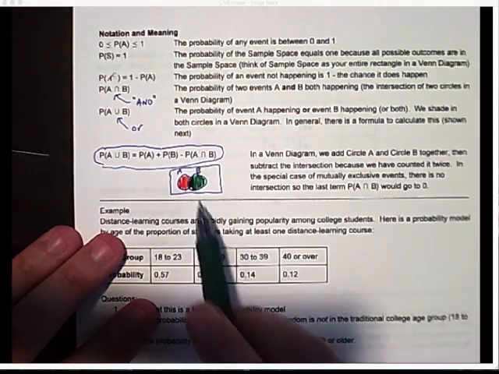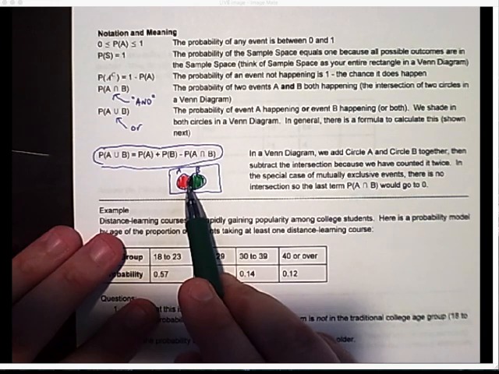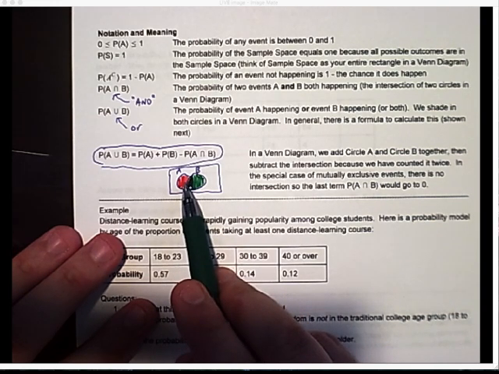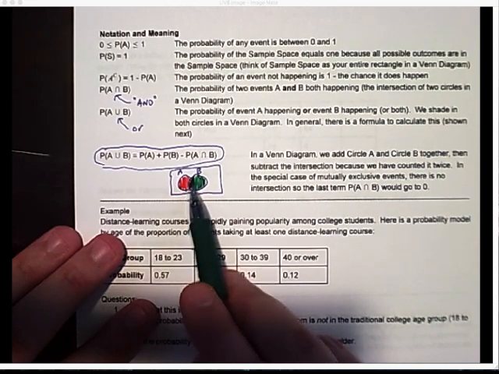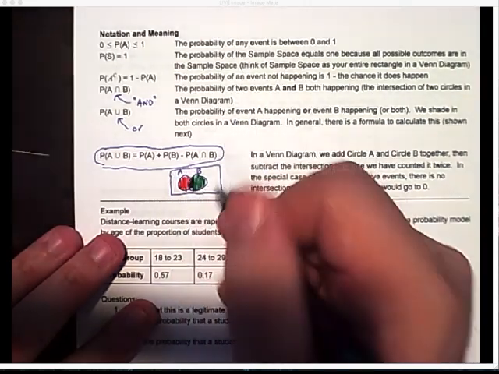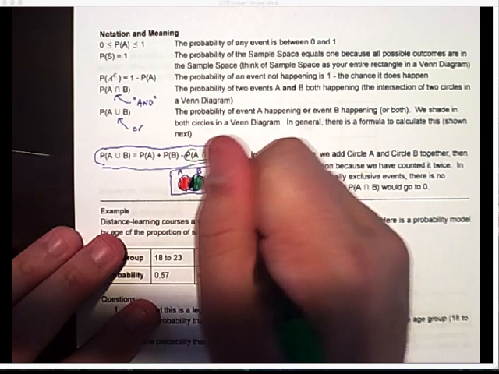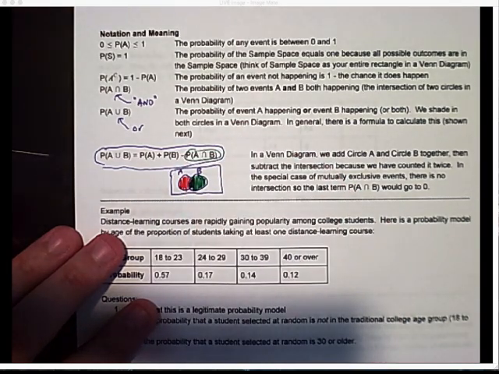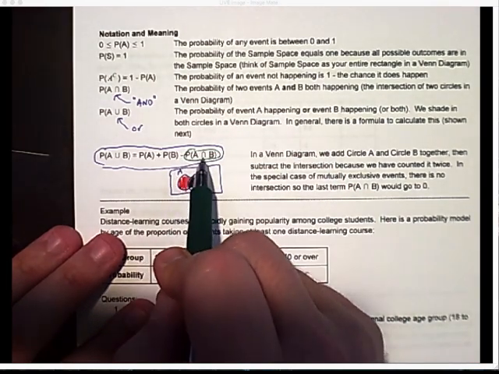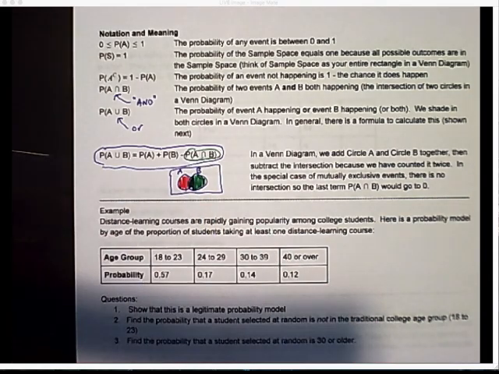You've actually added this middle part twice. So if someone's in A or B, since we've added this middle part twice, and that middle part happens to be the intersection, we have to subtract one of them, because we don't want to add it twice. We only want to add it once.